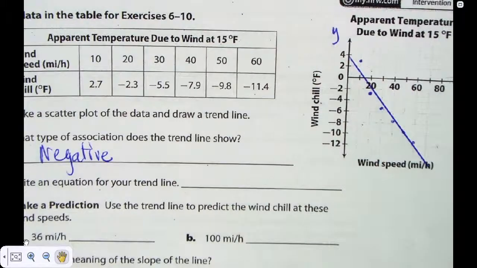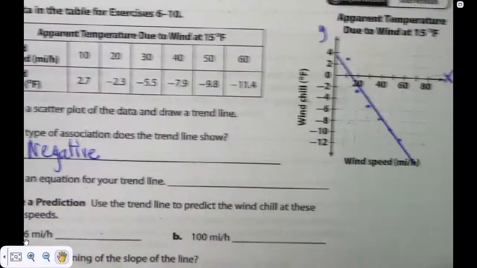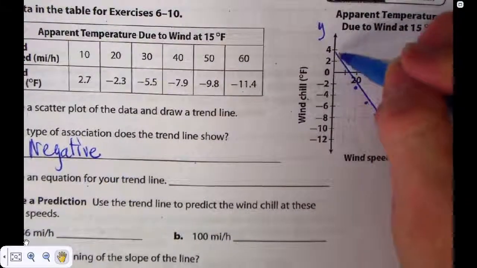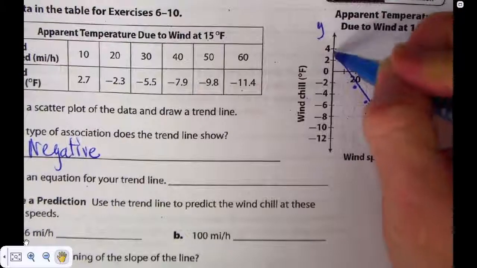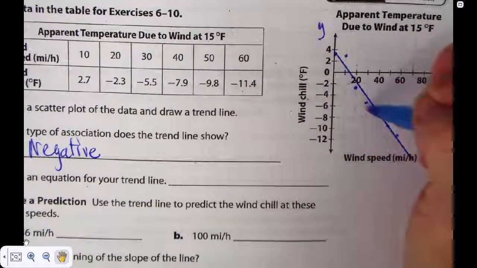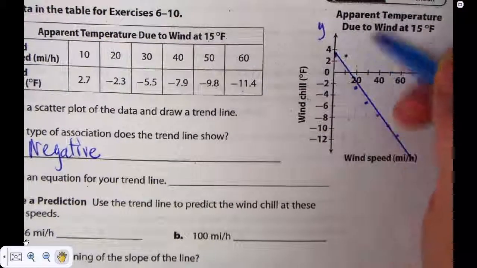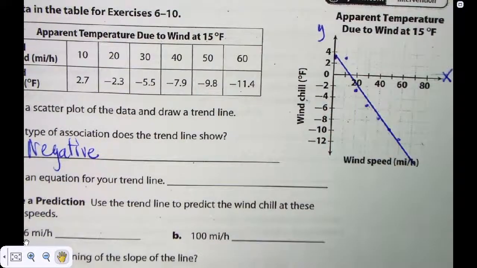This is a really strong association, isn't it? I moved mine a little bit from where I had it. Is there a point that you see that was almost on the line?